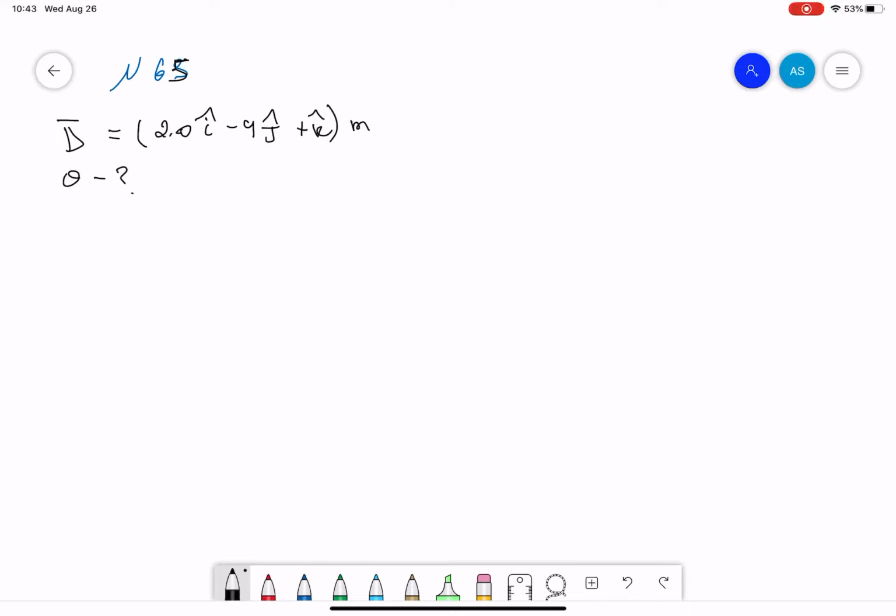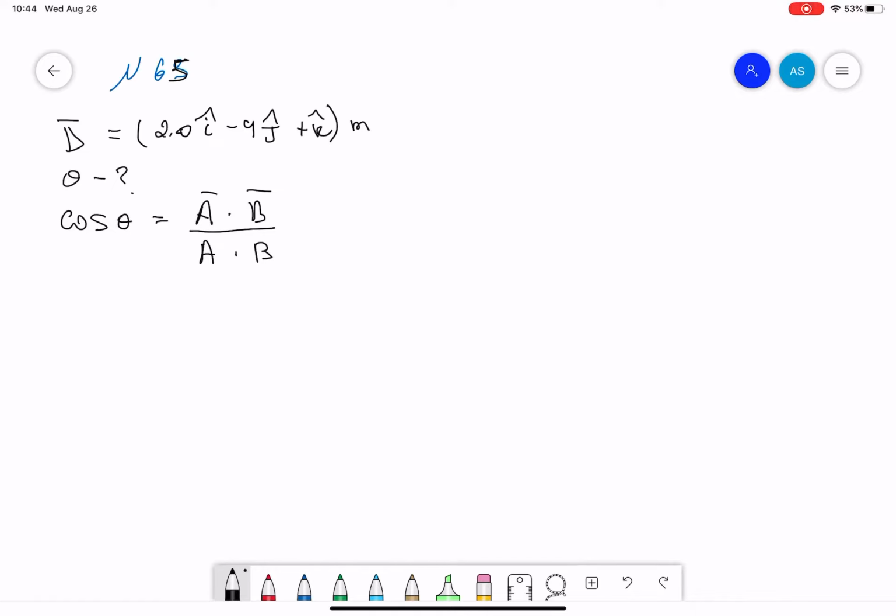We know that to find the angle, you can use this formula: cos theta, since it's a dot product, not a vector product, cos theta is equal to a vector dot b vector divided by the magnitude of a vector multiplied by the magnitude of b vector.